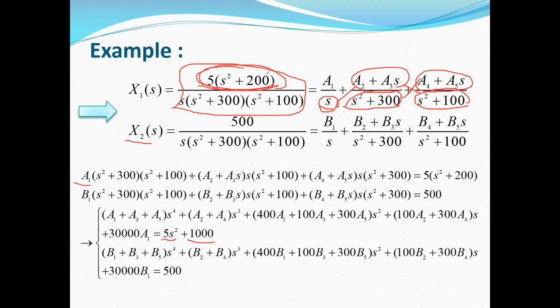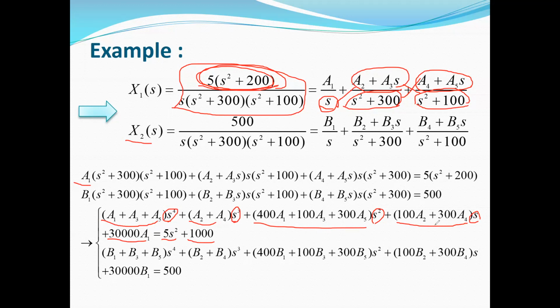On the right hand side we have this term multiplied by s to the power of 4, this term multiplied by s cubed, this term multiplied by s squared, and finally this term multiplied by s, plus a constant coefficient 30,000 multiplied by a1.